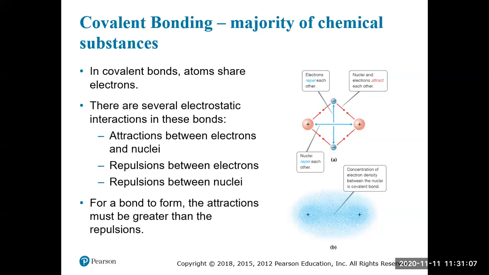What we'll see is that the electron density is greatest in between, like if we drew a line from one plus to the other. That concentration of electron density, where it's the highest, is the covalent bond. That's where the bond is occurring, and it's represented by that greater electron density. That represents the bonding between the two atoms.